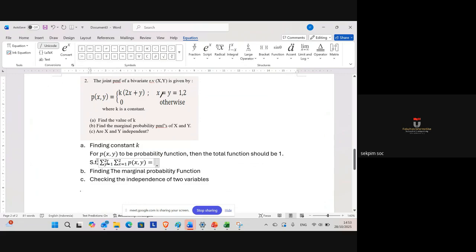So this one is k, right? Since k is a constant, just take it out of the sum. So we have k times the sum of 2x plus y.